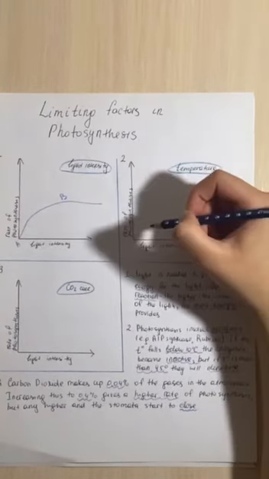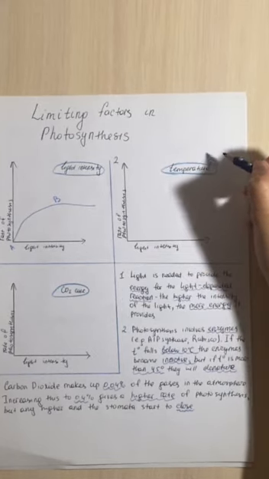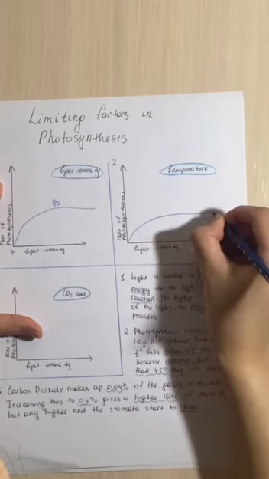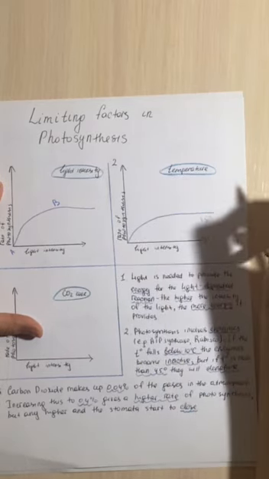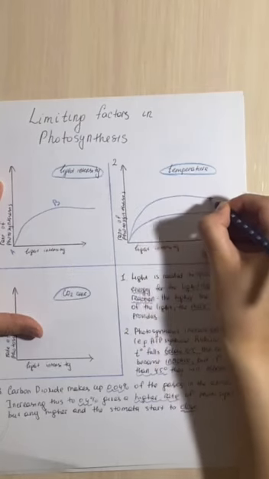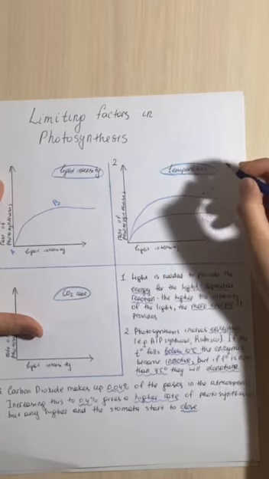Then let's look at light intensity with another factor such as temperature. Let's draw it, for example, for 15 Celsius and also 25 Celsius.